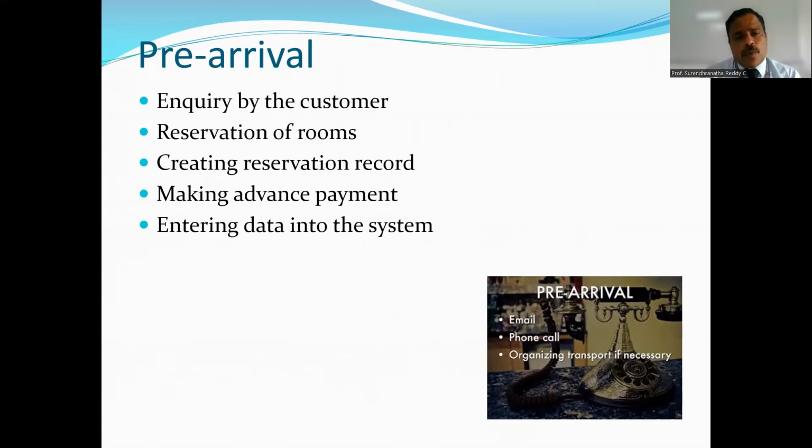So this is what happens in the pre-arrival stage. There is an inquiry by the customer, you give your information to the hotel, they make the reservation, sometimes they expect a partial payment, that information is stored in their system, and you also get notifications from the hotel about your reservation.